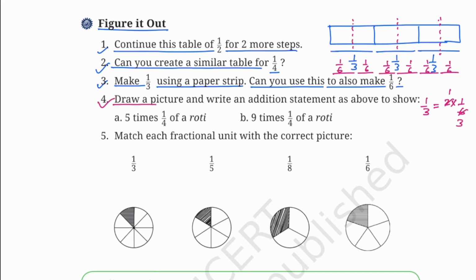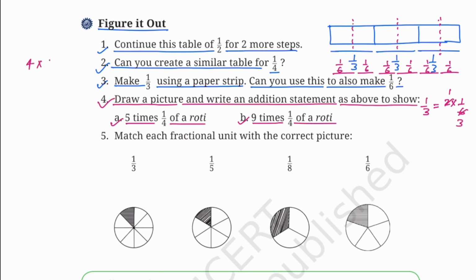4. Draw a picture and write an addition statement as above to show A. 5 times 1 upon 4 of a roti. B. 9 times 1 upon 4 of a roti.